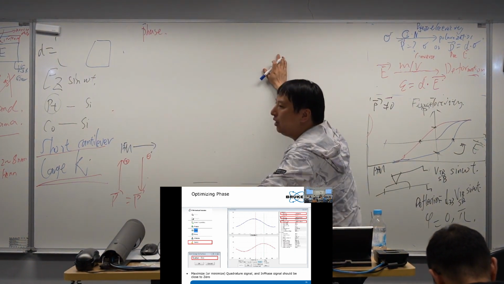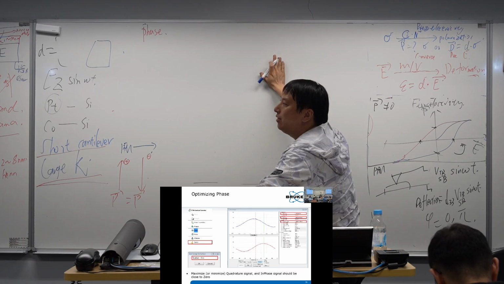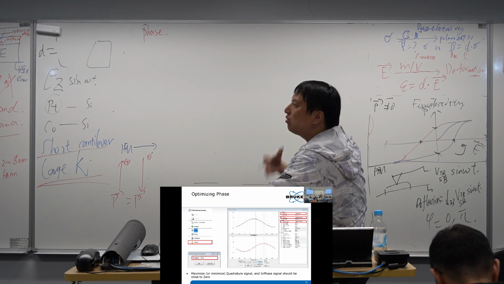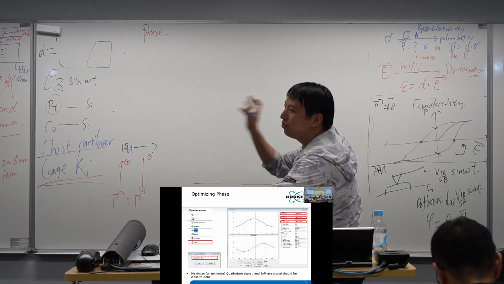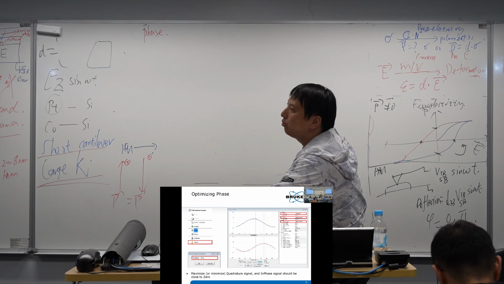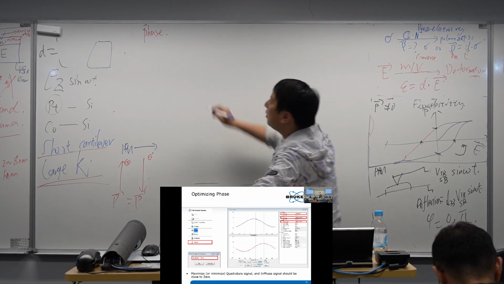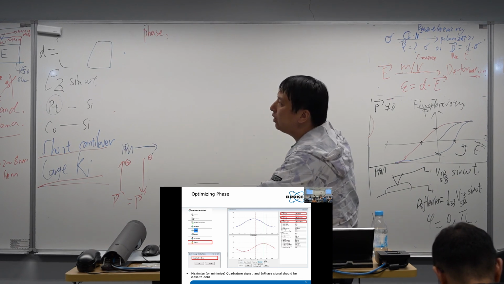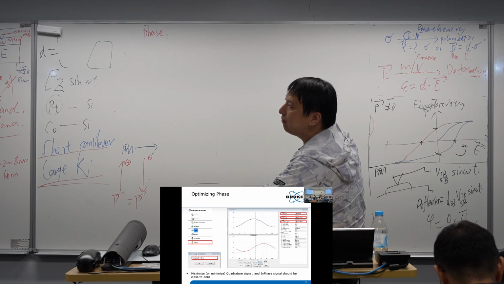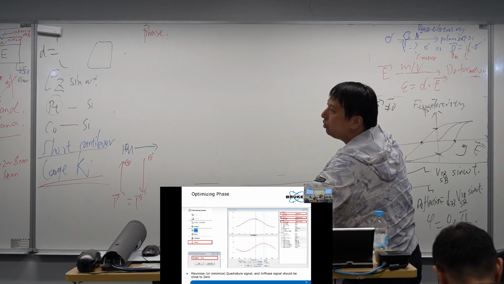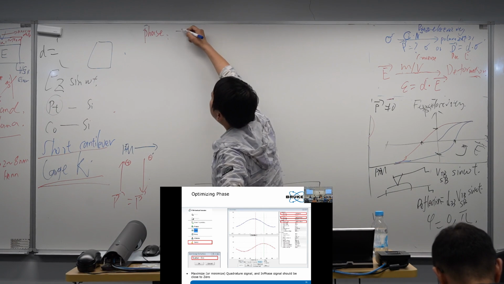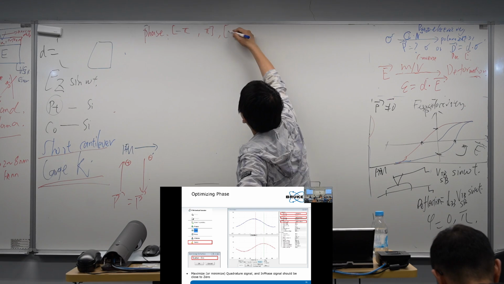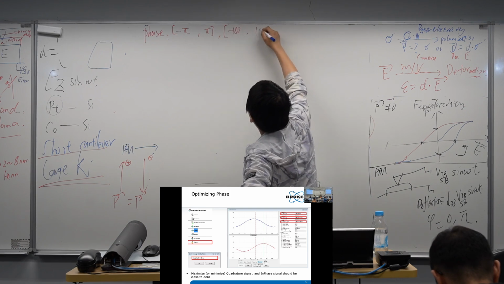The phase inside our controllers or inside our AFMs, we still try to measure it. Once we measure it, we will define a range. What's the range of phase we can detect? In today's instruments, not just Bruker's AFM, any phase-related instruments will have a defined range. The most commonly used is from negative pi to pi, or negative 180 to positive 180.